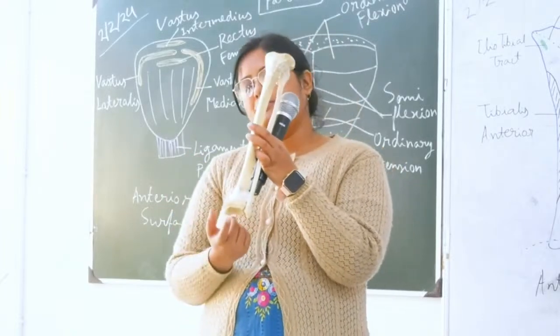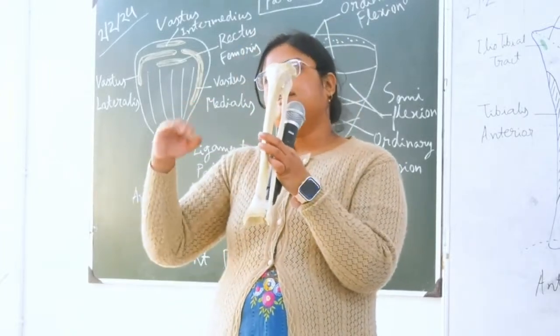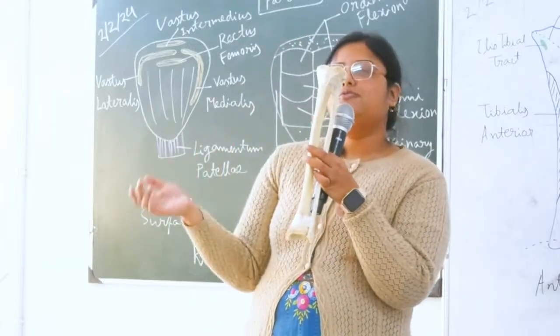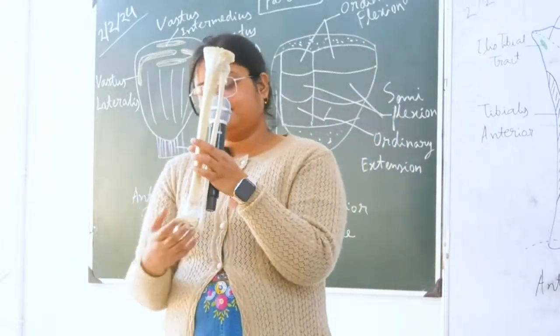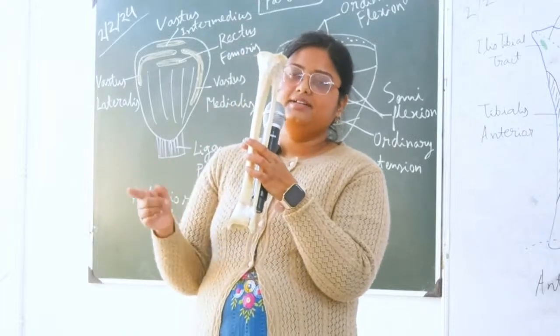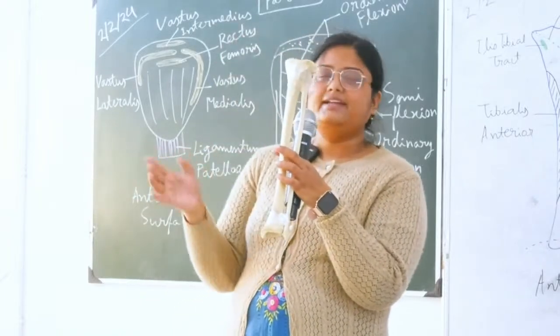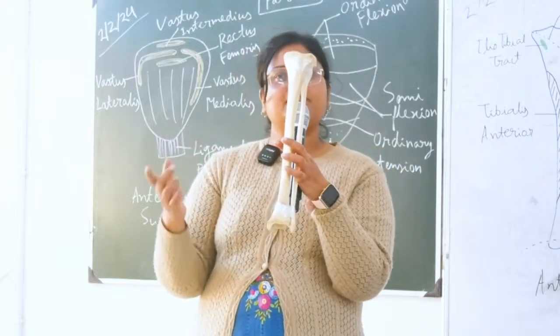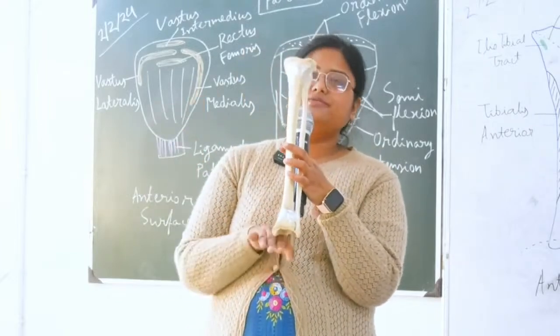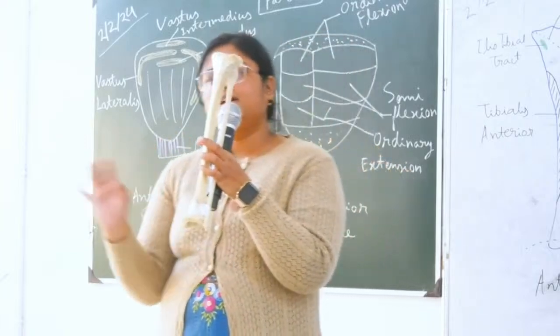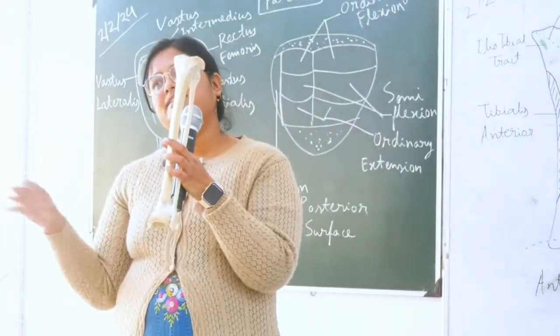This mortise articulates with the upper surface of the talus to form the ankle joint. It only articulates with a single bone of the foot, the talus, and does not articulate with any other tarsal bones.